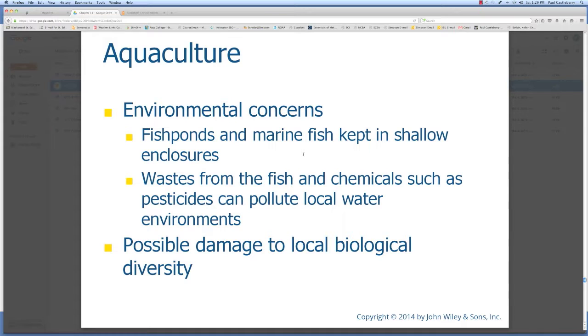Fish ponds and marine fish are kept in shallow enclosures, so the waste from these fish and chemicals such as pesticides can actually pollute local water environments. So again, we can't get away from that possibility. And also, there's damage to local biological diversity.